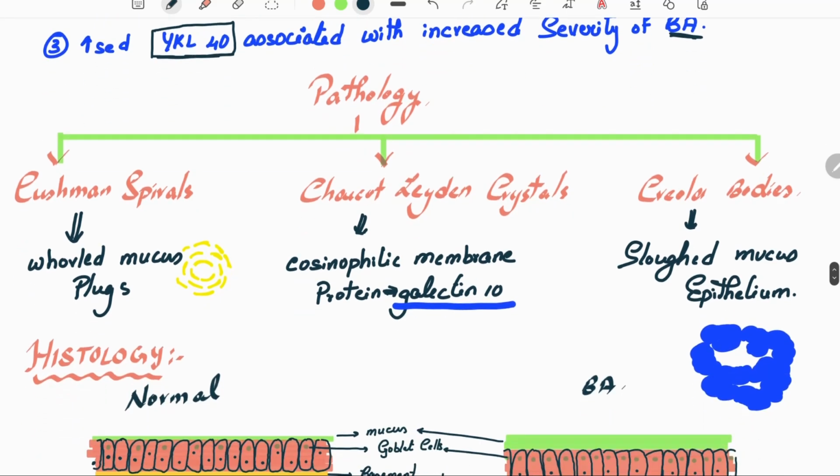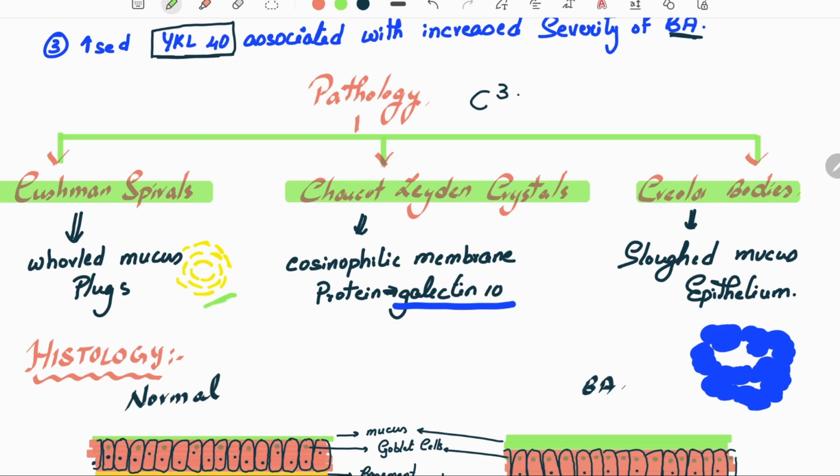In this pathology we see three kinds of bodies which start with C. The first one is Curschmann spirals, the second one is Charcot-Leyden crystals, and the third one is Creola bodies. The first one is Curschmann spirals. The name itself says that something is in a spiral shape.